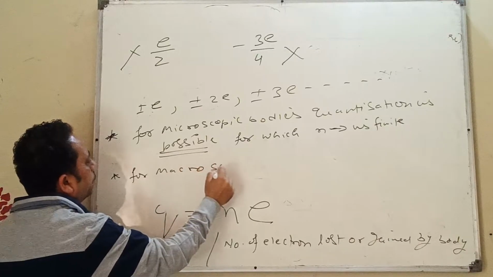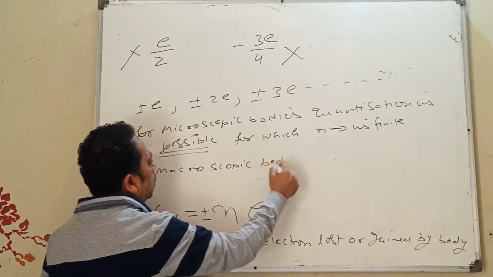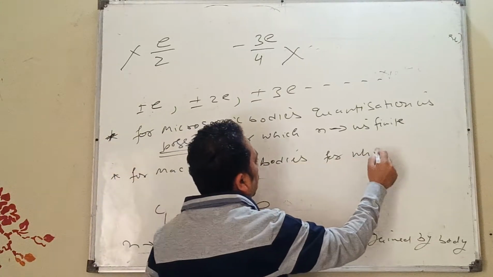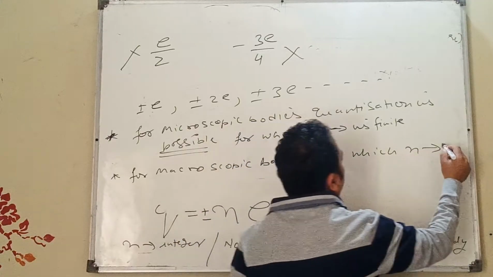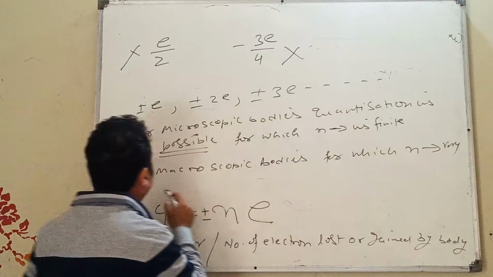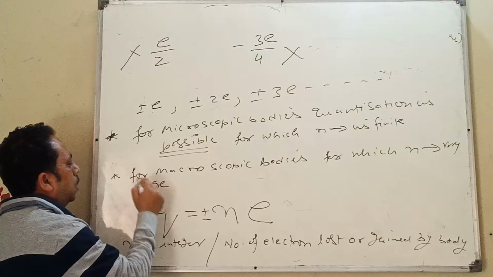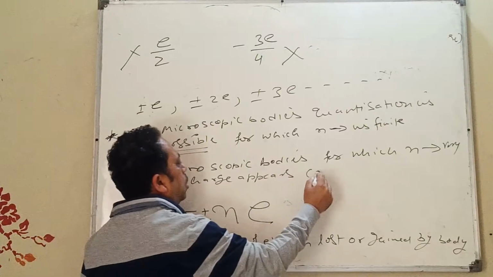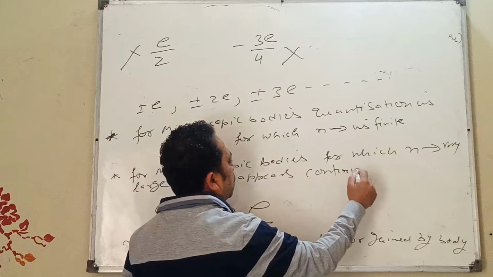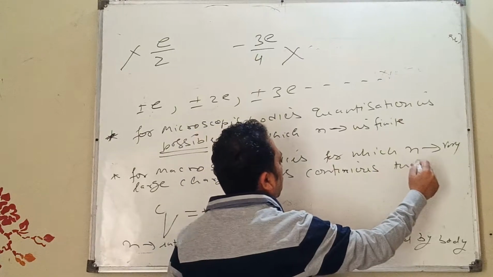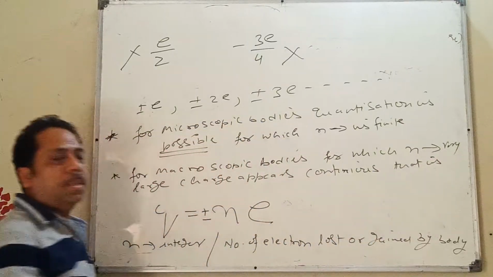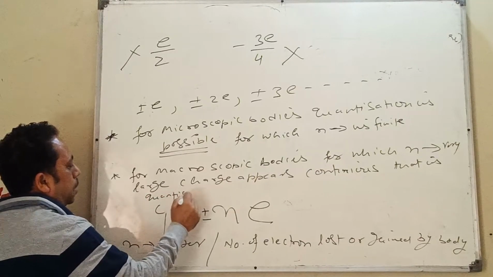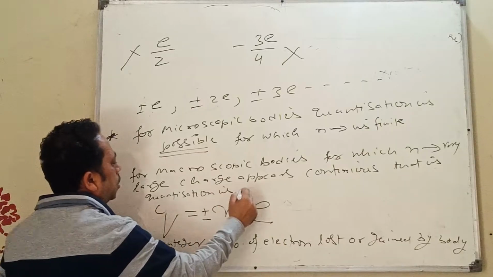And for macroscopic bodies, for which n becomes very large, the charge appears continuous. That is, quantization is not possible.